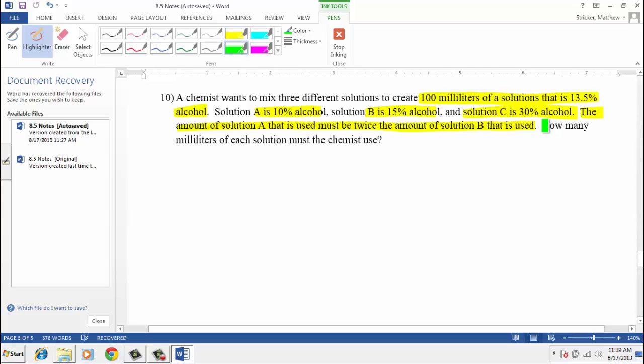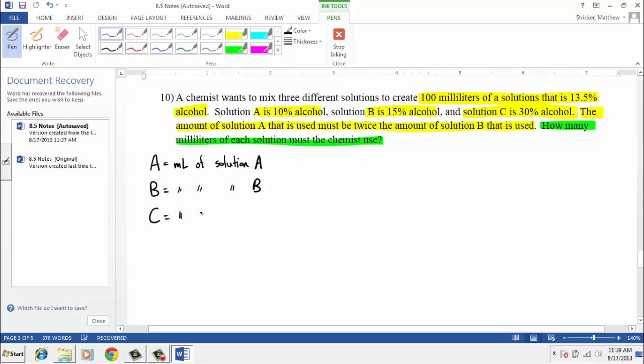And finally, how many milliliters of each solution must the chemist use? A is the milliliters of solution A. B, milliliters of solution B. C, milliliters of solution C.